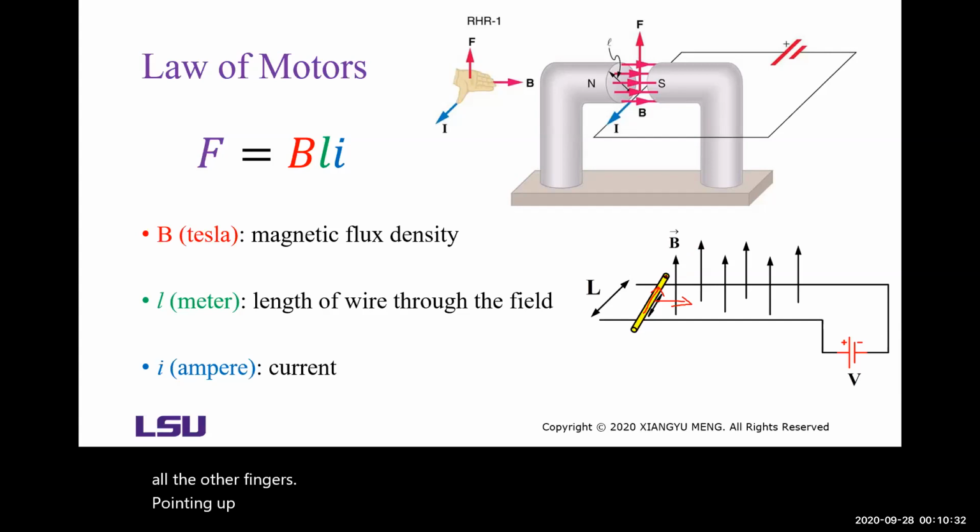So the plane determined by the current and magnetic field will be this plane. Then the force is perpendicular to this plane, so the direction will be to the right. The magnitude of the force will be B times L times the current.